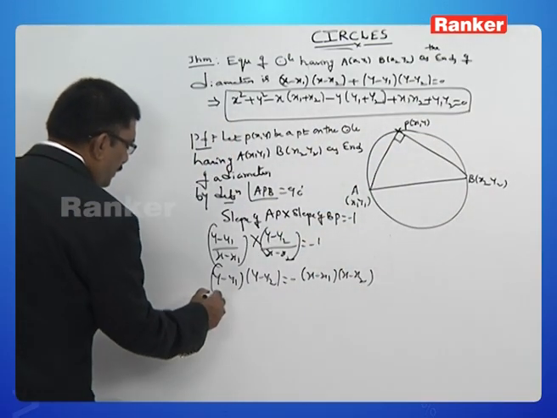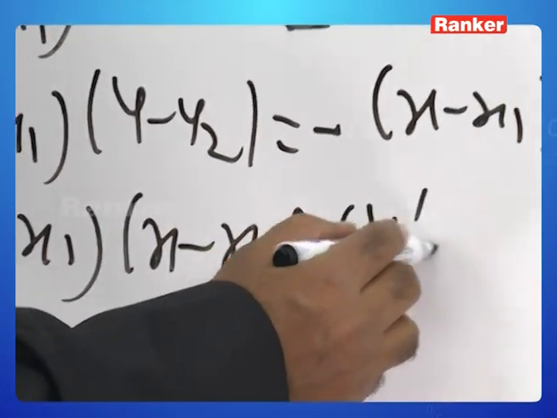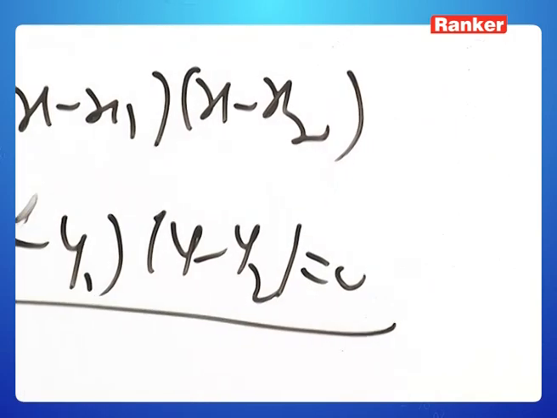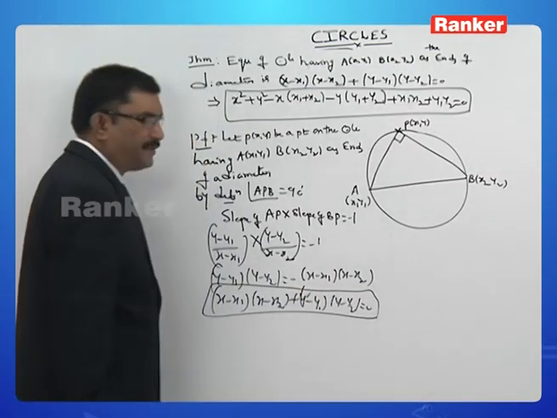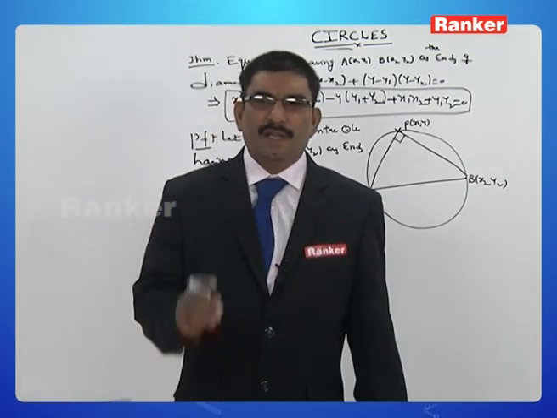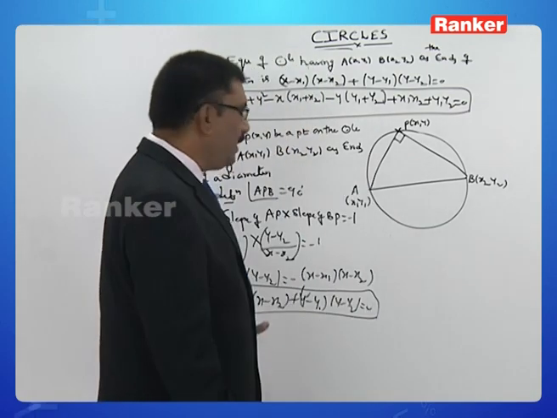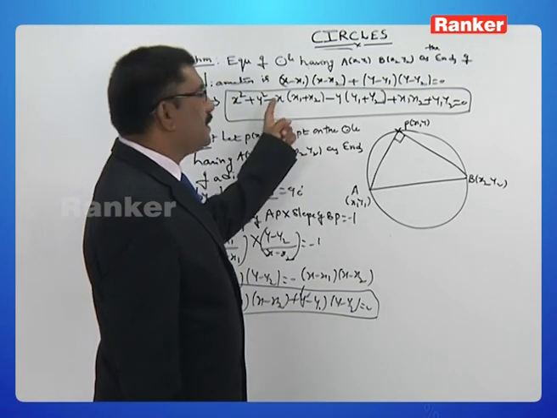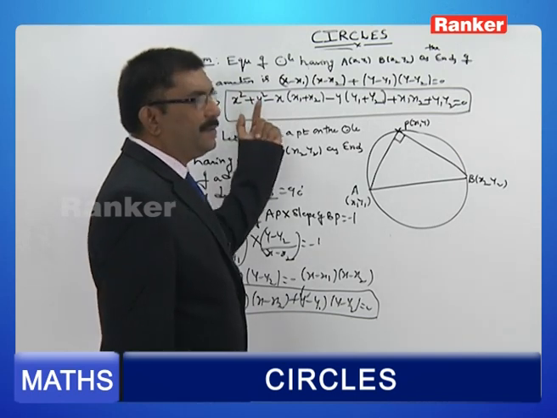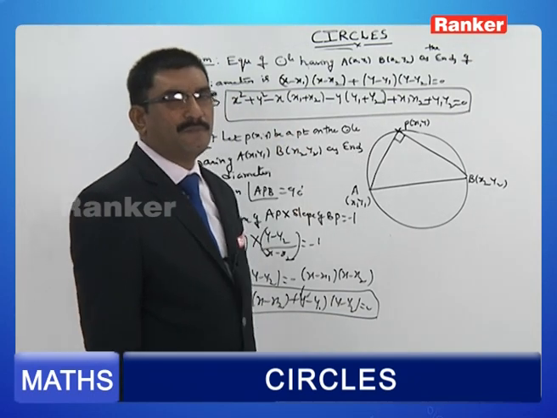Transfer to this side, you get (x minus x1) into (x minus x2) plus (y minus y1) into (y minus y2) is equal to 0. This represents an equation of a circle having x1, y1, x2, y2 as ends of the diameter. If you multiply each bracket, we get the circle equation in the form of x square plus y square minus x into (x1 plus x2) minus y into (y1 plus y2) plus x1 x2 plus y1 y2.